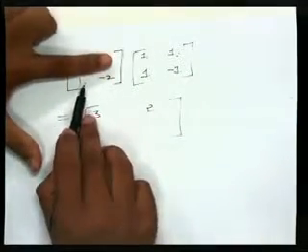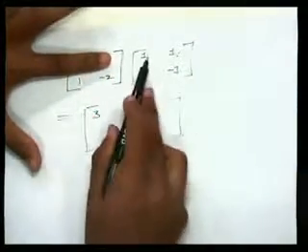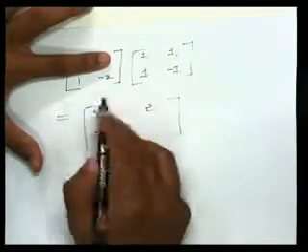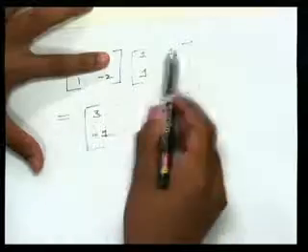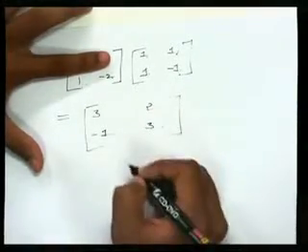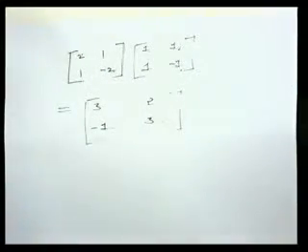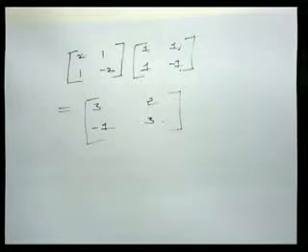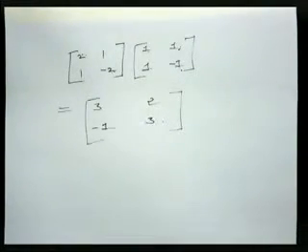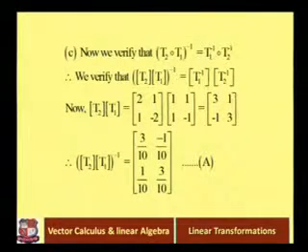Then choose the second row of the first matrix: 1 into 1 is 1, -2 into 1 is -2, so -1. Then 1 into 1 is 1, -2 into -1 is 2, so 1 plus 2 is 3. So the product of this 2 by 2 matrix is [3 1; -1 3], as you can see on the screen.